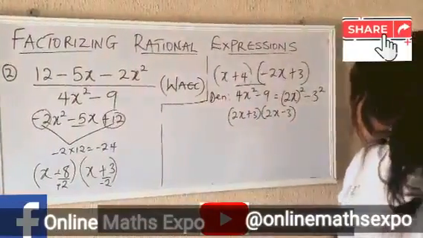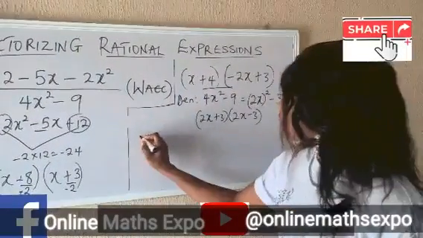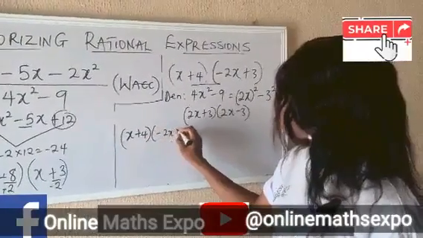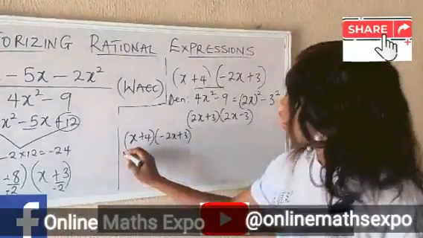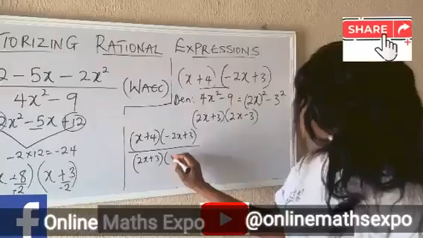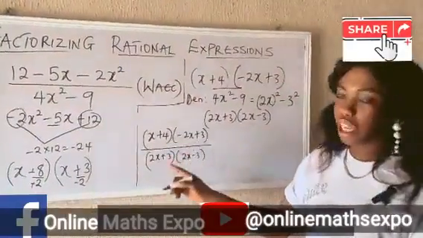If you bring it together, for the numerator we have x plus 4 and minus 2x plus 3, all over 2x plus 3 and 2x minus 3. So which one are we going to cancel out?